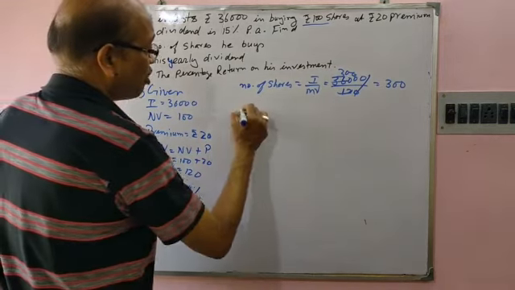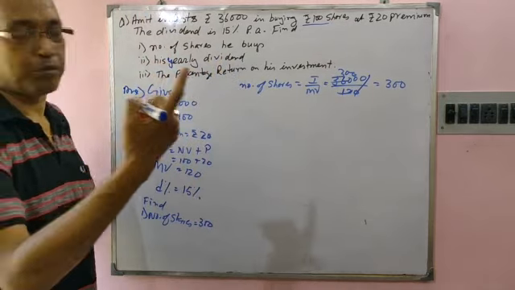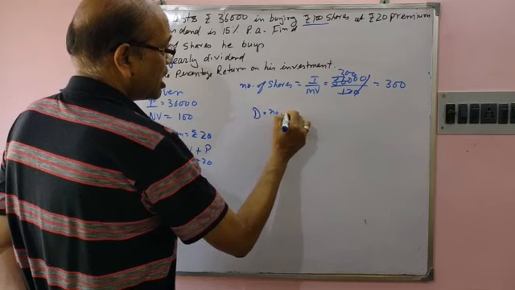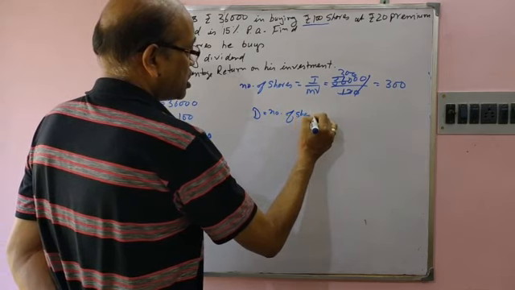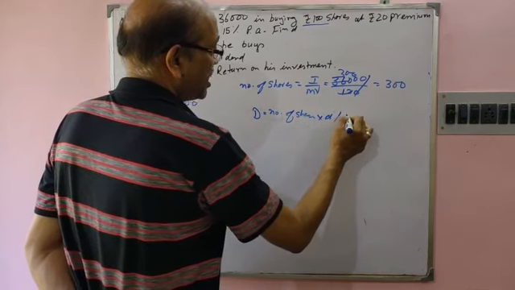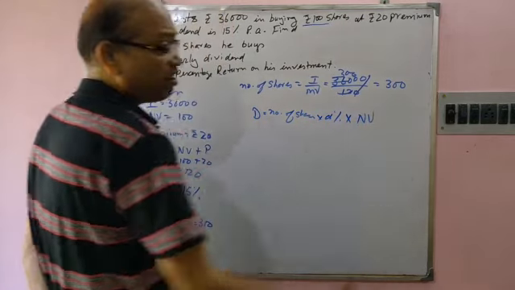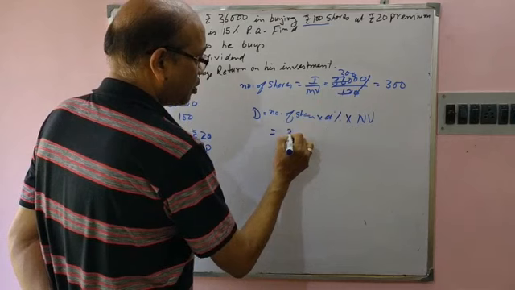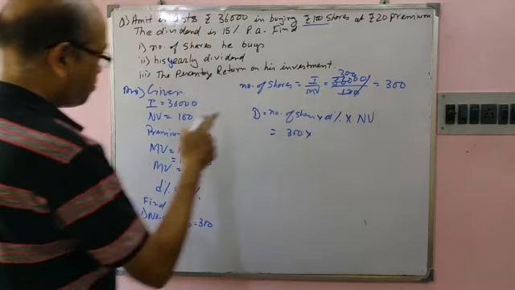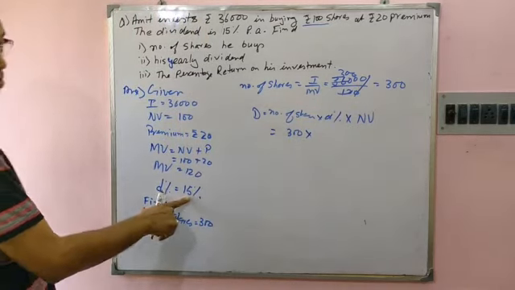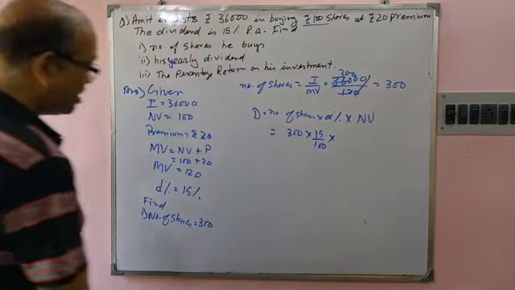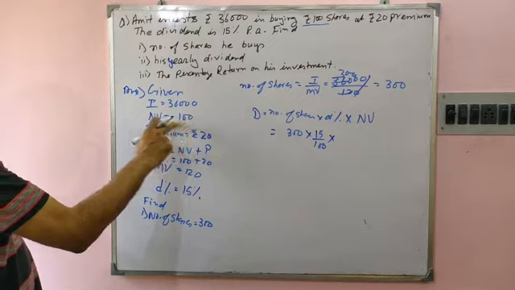Now, formula for dividend. Dividend means annual income. So, what is the formula? Dividend is equal to number of shares into D percent into nominal value, not market value. Remember, number of shares is 300. D percent is 15%, that is 15 by 100 into nominal value. What was nominal value? 100.